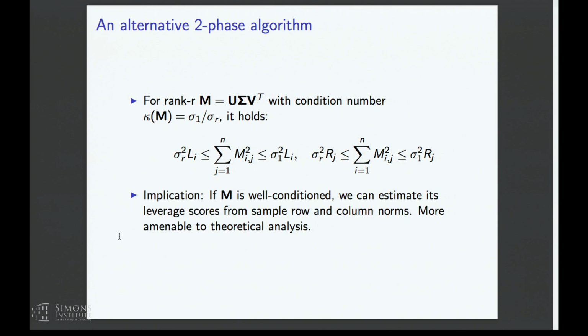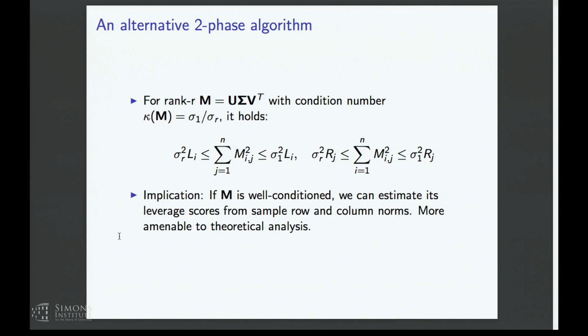So in the ideal setting, when the matrix has condition number 1, then as long as you know the norm of the matrix, you get all of the leverage scores exactly from the row and column norms. So that's one. So we're going to use row and column norms of the sampled matrix to estimate leverage scores.